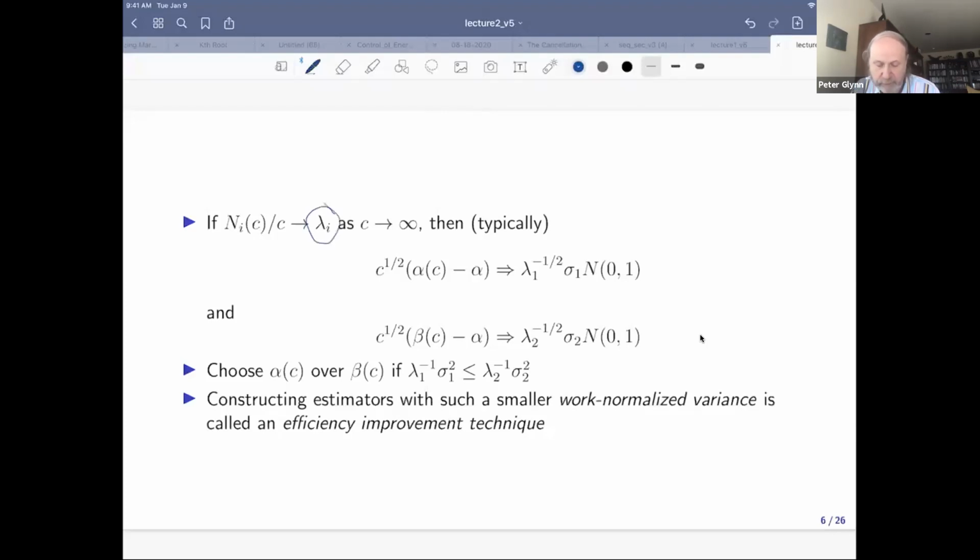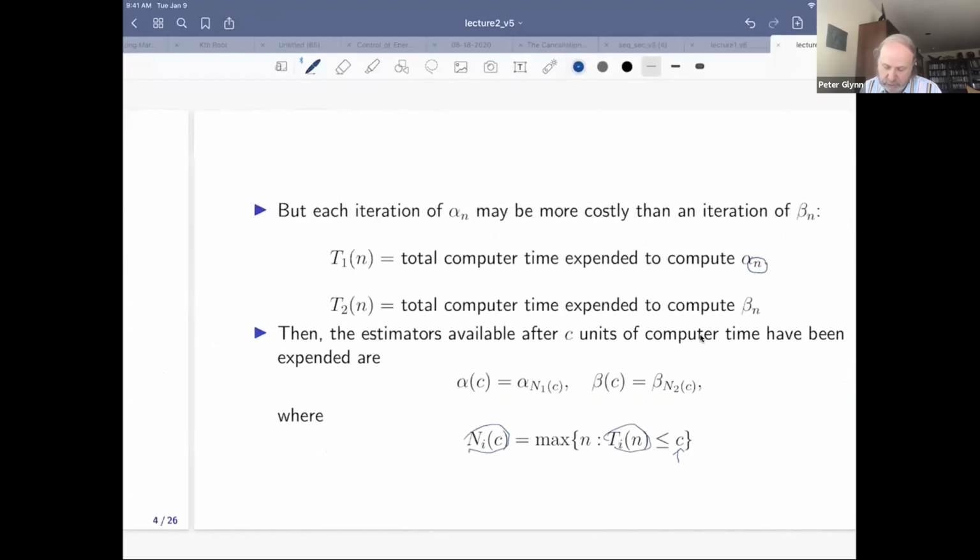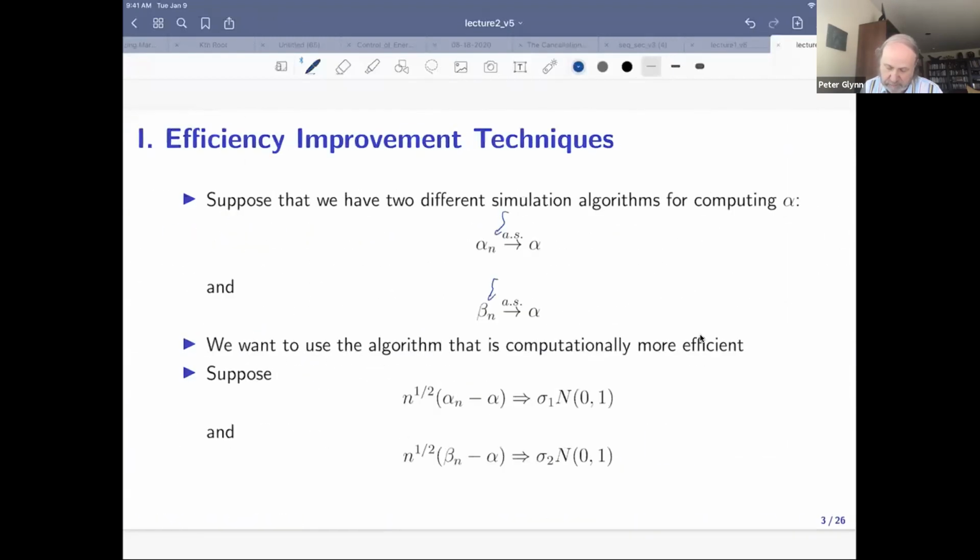So lambda i is basically the rate at which we compute iterations per unit of computer time.